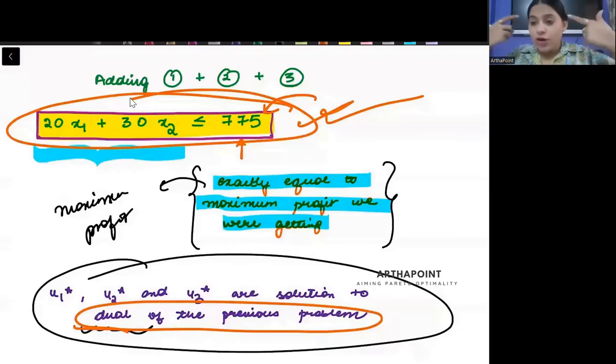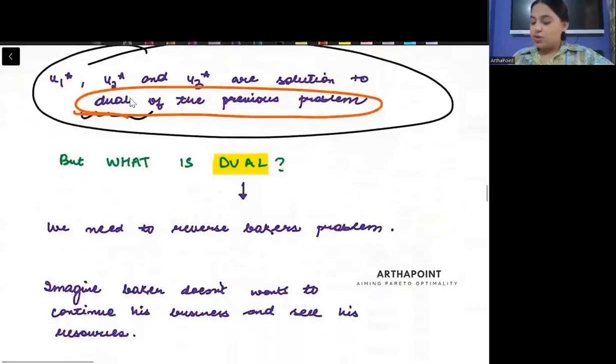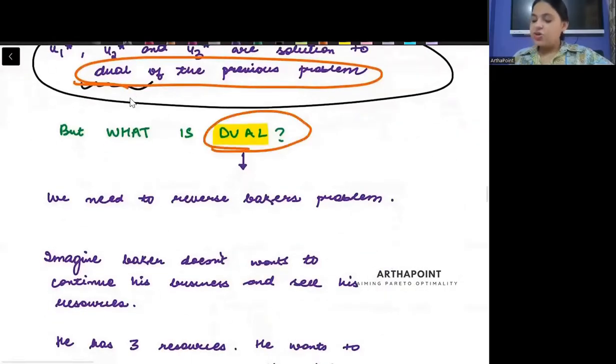So somehow you have to use your mind that I am moving in a reverse direction now. I am going from the constraints back to the objective function. So it is reversing the process, right? So beta, that is exactly a dual. How can we create a dual?